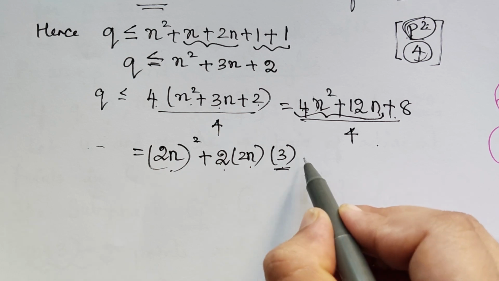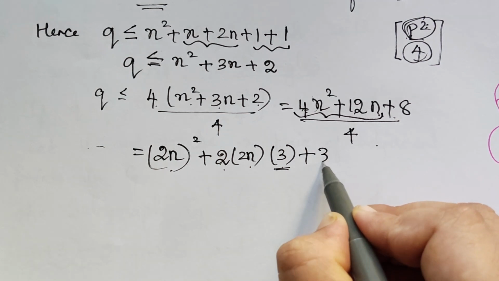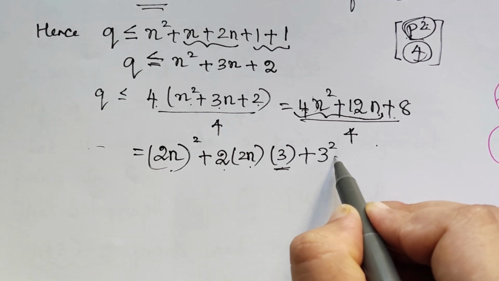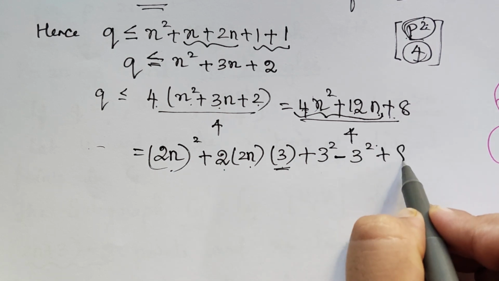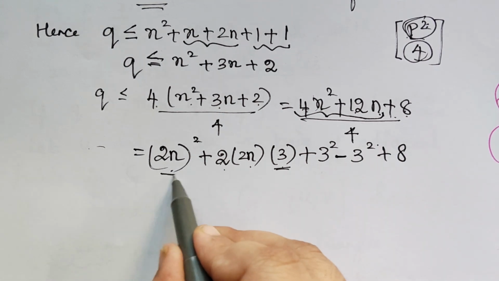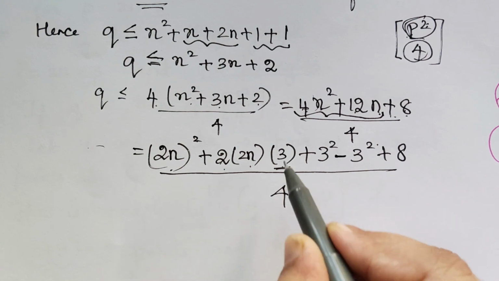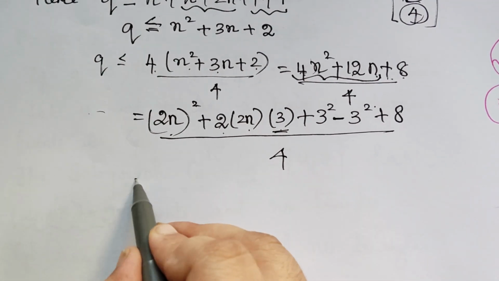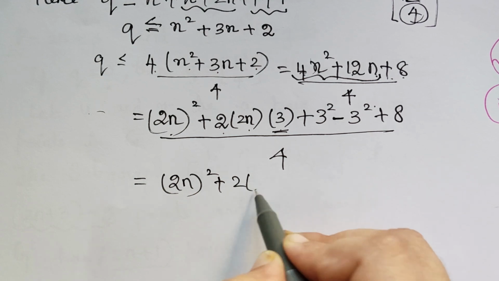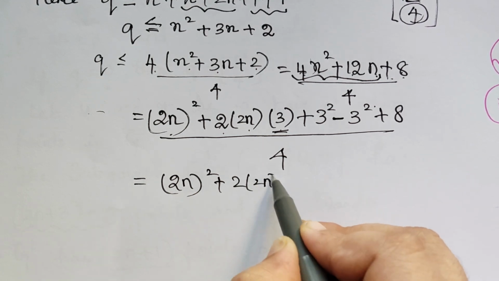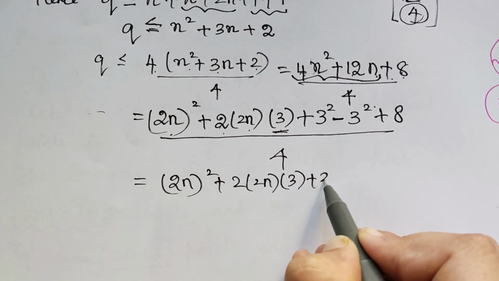So b is what? 3. So b square we have to add. So 3 square. If you are adding it, you have to also subtract it. So minus 3 square and then plus this 8, the whole divided by 4. In order to make it a perfect square, we are doing so. And so that will be equal to 2n the whole square plus 2 times 2n multiplied with 3 plus 3 square.